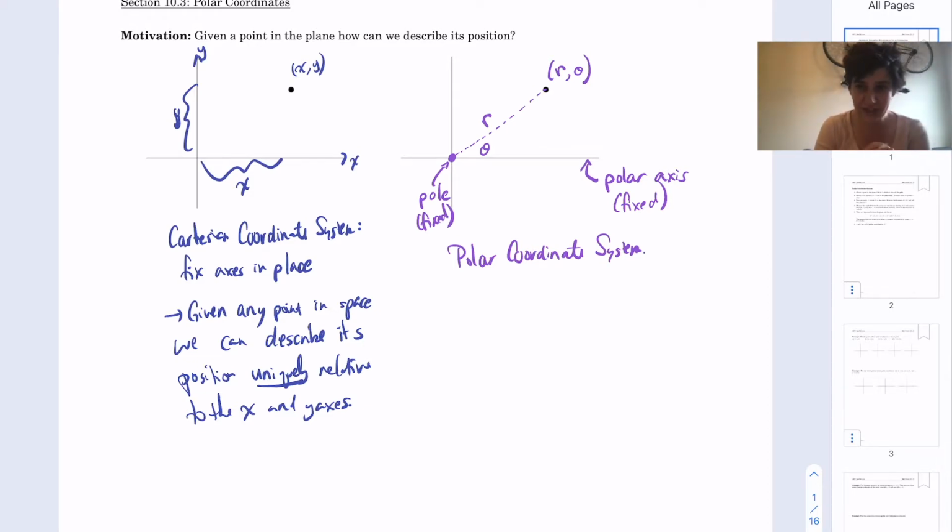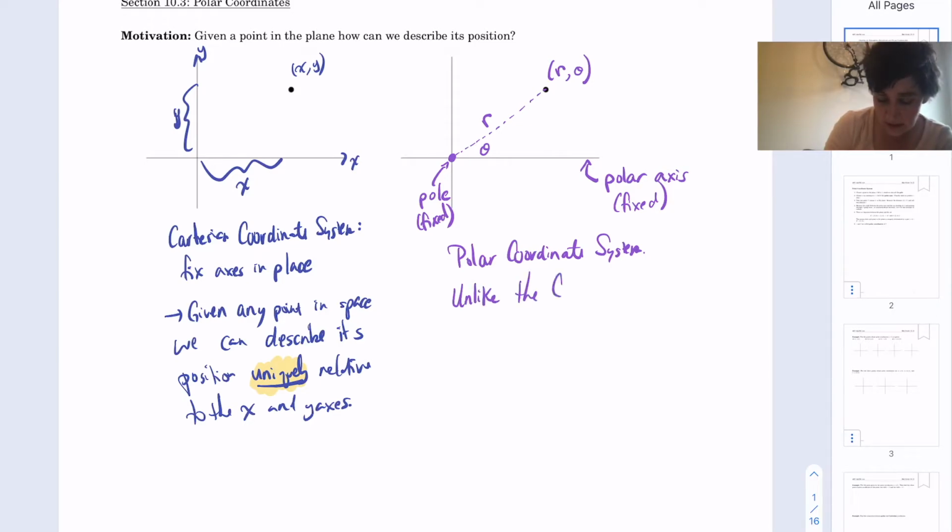So unlike in the Cartesian system, this has the property that you actually could have more than one way of defining a point. Over here we have a unique description of its position. Here, this theta can actually have 2 pi added on. So that is something we're going to have to watch out for. It just adds a little layer to things for us.